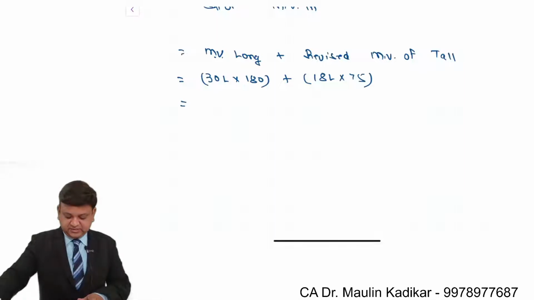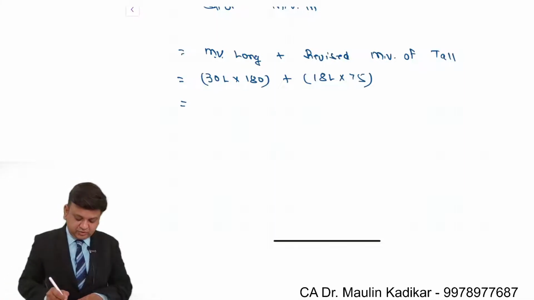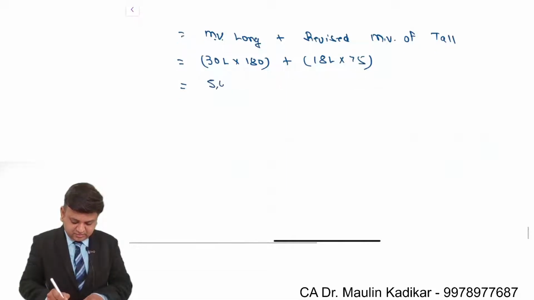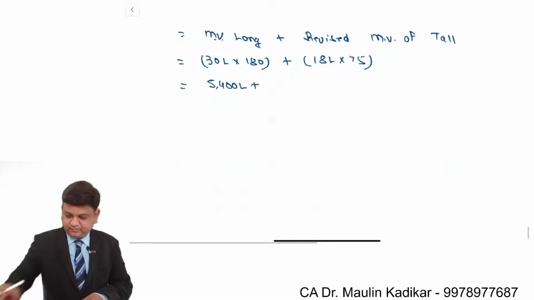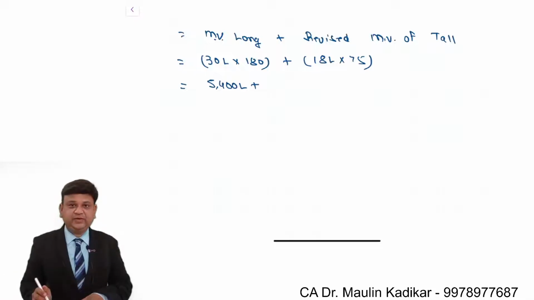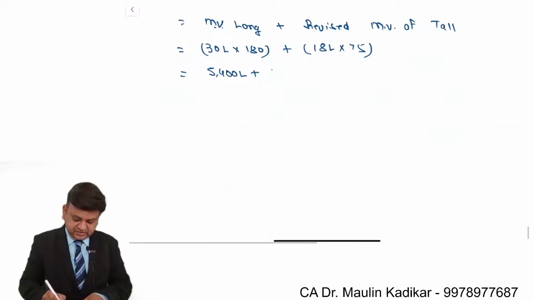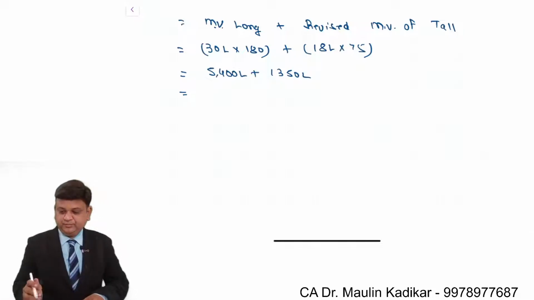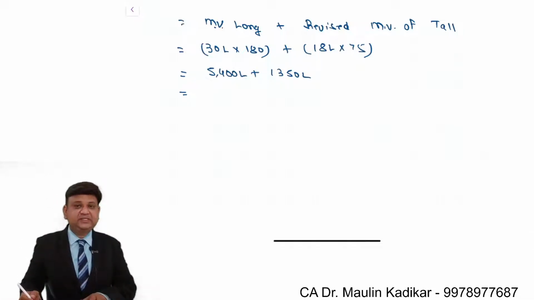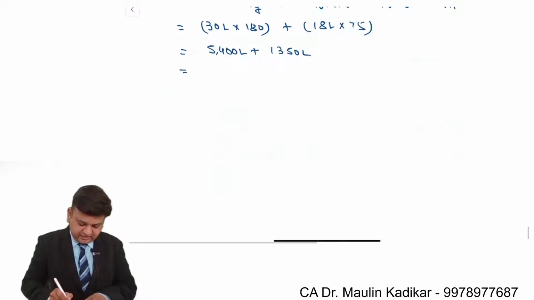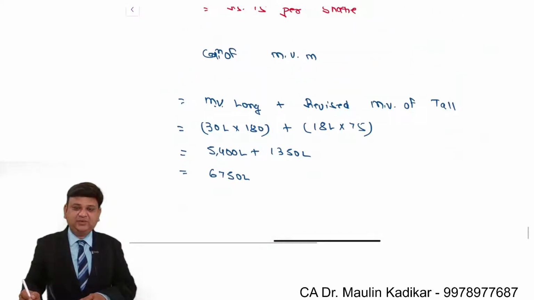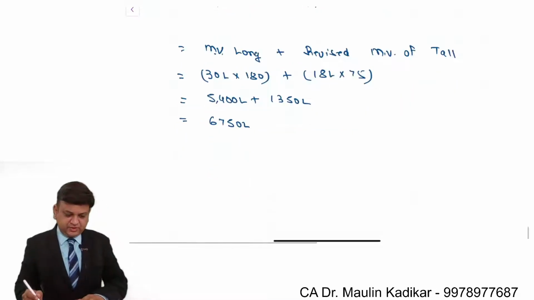So 30 into 180 is 5,400 lakhs. 18 into 75 is 1350 lakhs. The total of both of them is 6750 lakhs. This is the market value of the merged firm. Now based on that we can compute the cost of merger.